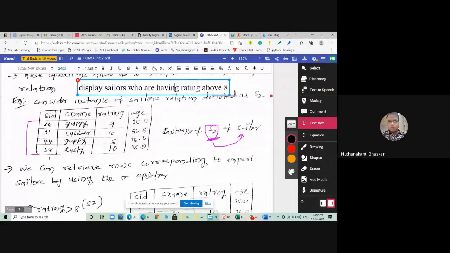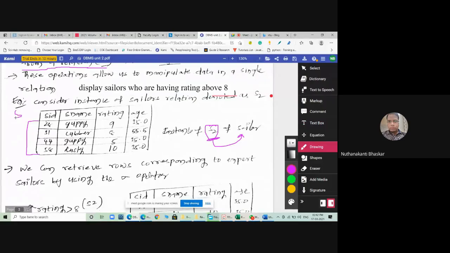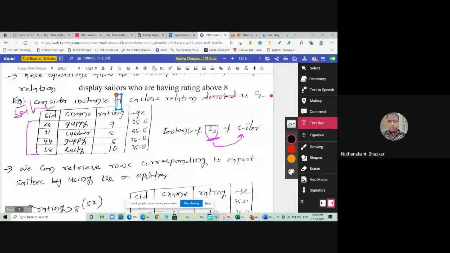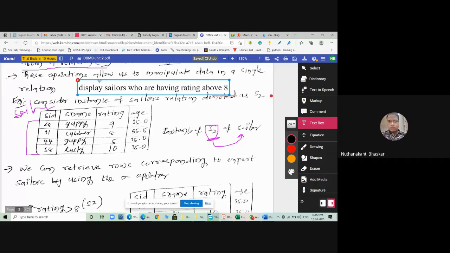This is a sailor relation. Now tell me, from the sailor relation, I want to display the sailors who are having rating above 8. Any one of you understood this question?